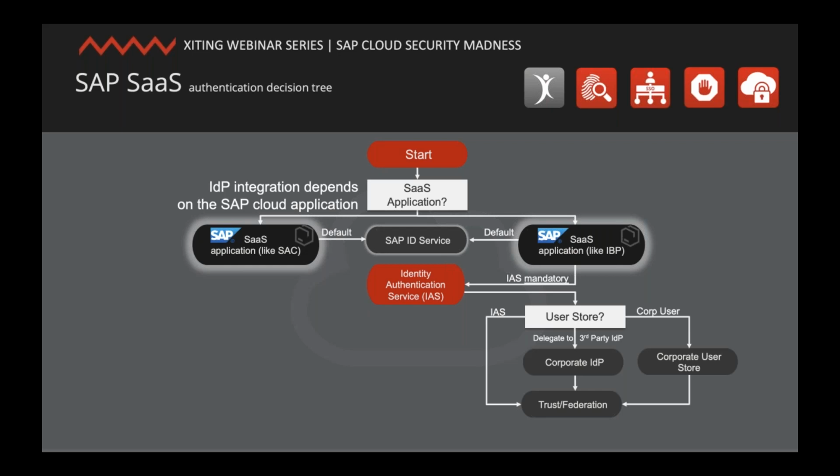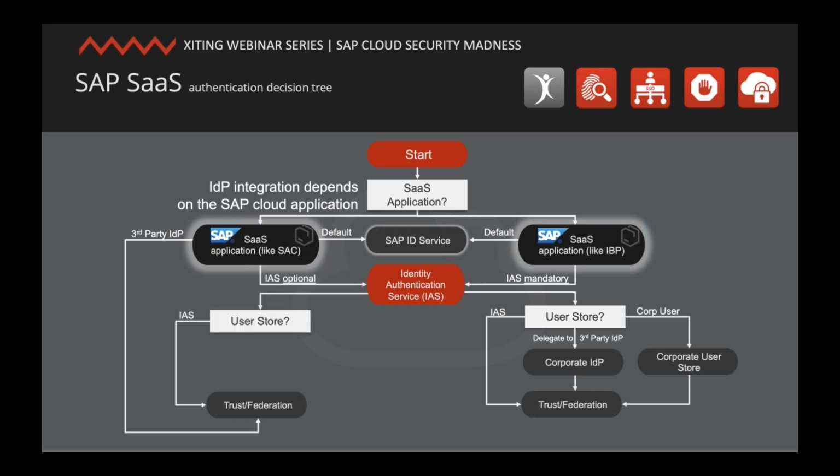However, on applications that are not yet integrated that way, you still be able to directly connect, for example, your SAP Analytics Cloud tenant to any corporate IDP that you may have, or any third-party IDP, but also the identity authentication service again.